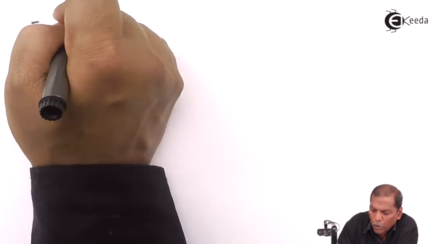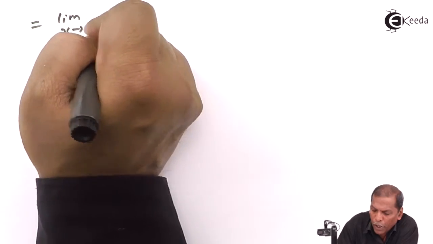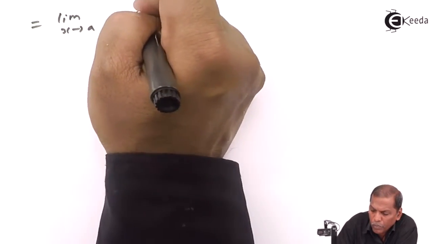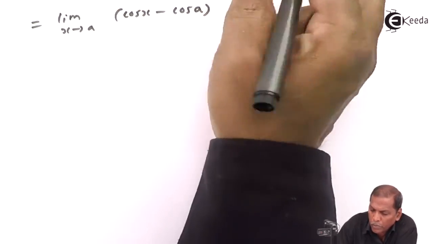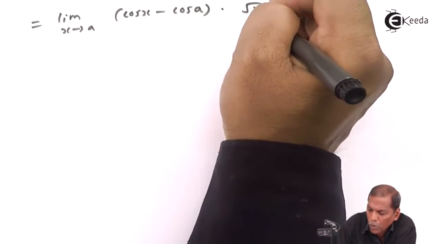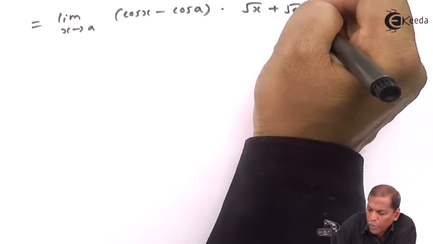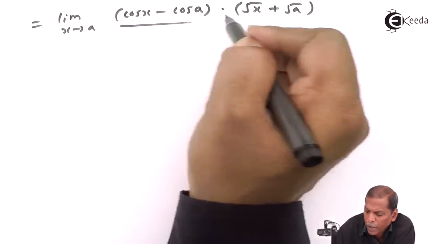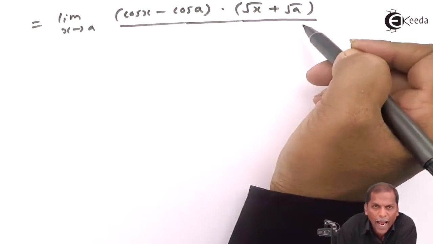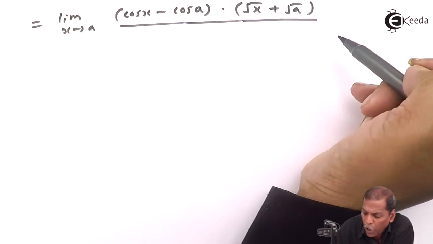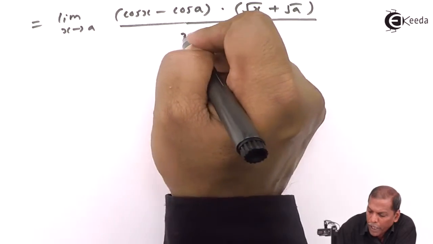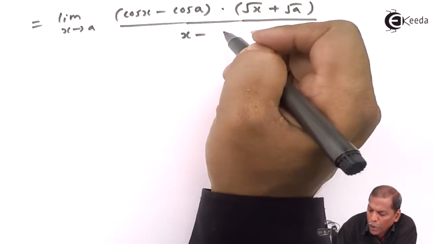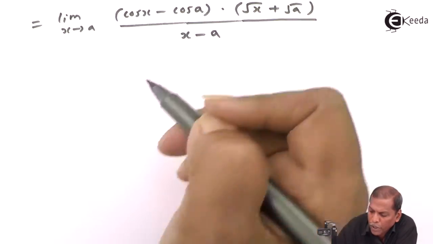So that is equal to limit x tends to a, (cos x minus cos a) into (root x plus root a) in the numerator, those two brackets we write as it is, and in the denominator we have root x the whole square that gives x, minus root a the whole square that gives a.